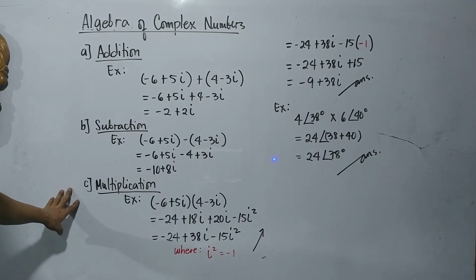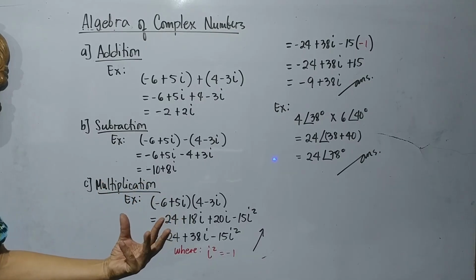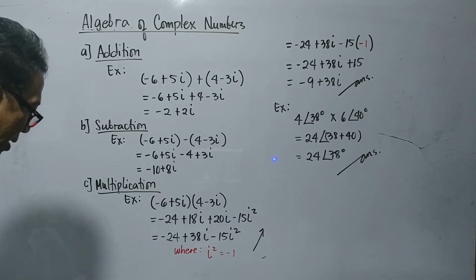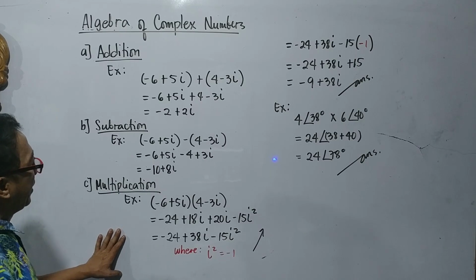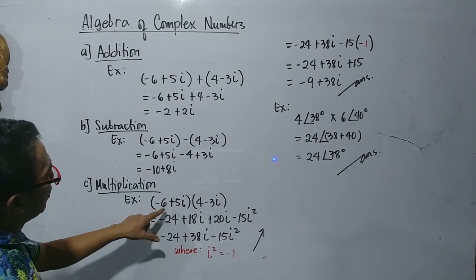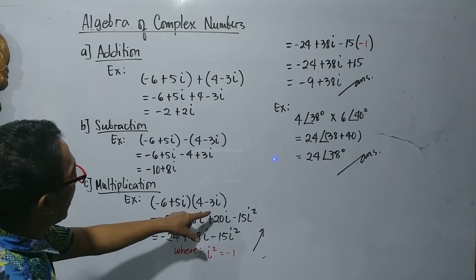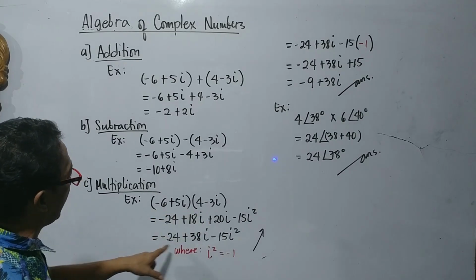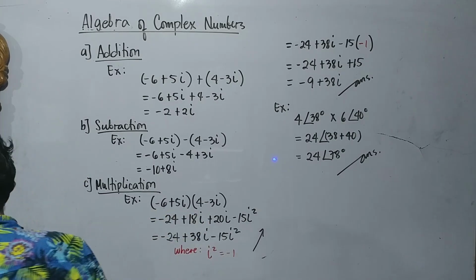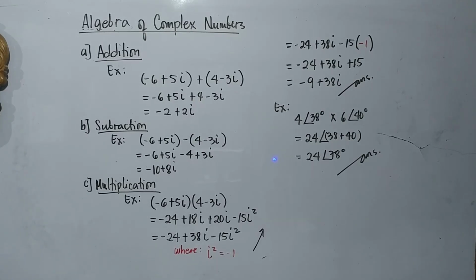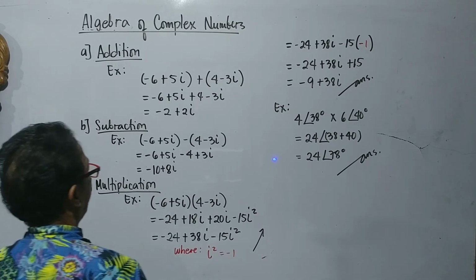For the multiplication, it is the same thing as you have in your algebra or trigonometry knowledge. So, in this example, we have negative 6 plus 5i, the first term, multiplied by the second term, which is 4 minus 3i. Here, the same thing with algebra.